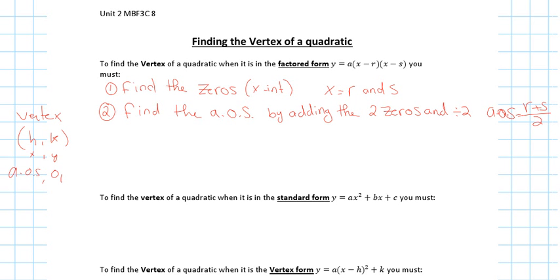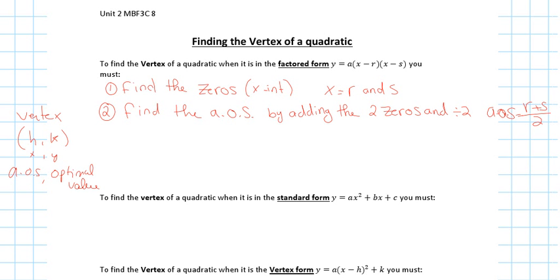Do you guys remember that? You remember that? So the h value is the axis of symmetry, and the k is the optimal value, right? So if I know the x, and I plug in the x for x, then I can solve for y. Okay? It will make more sense when we look at examples. All right?